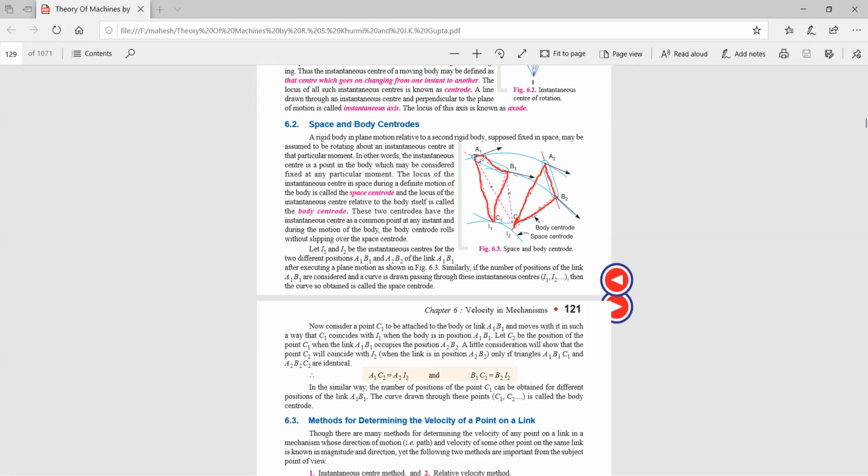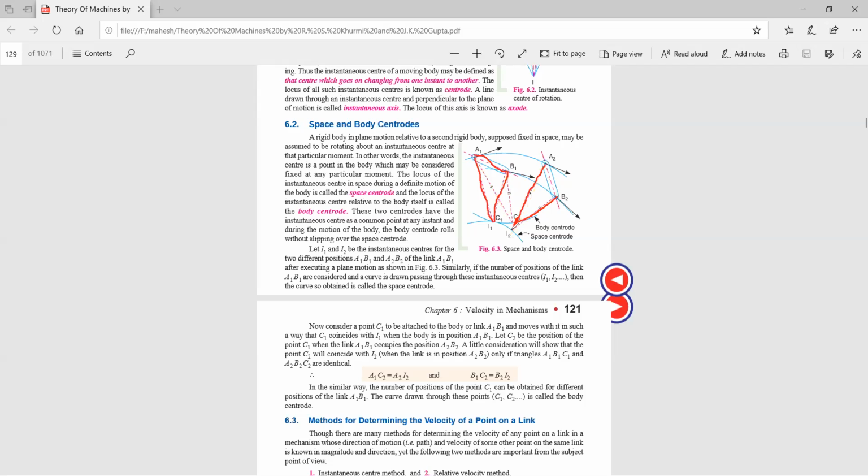You can see A1 C2, and this is A2 I2. And B1 C2 is equivalent to B2 I2. Got it now? Now I have made it colorful, and I will just remove this.